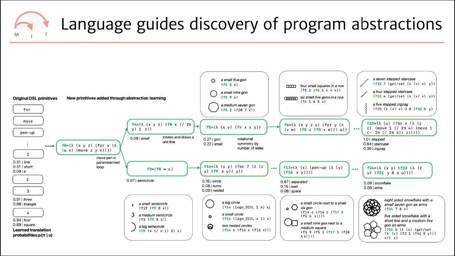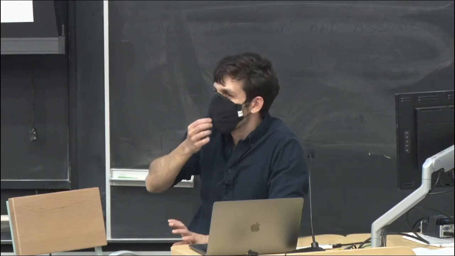I don't actually remember the details of the low-level language. You might be able to infer it from the figure. There's a for. Okay, so there's a for. Never mind. Okay, then maybe it's not exactly Logo, but.